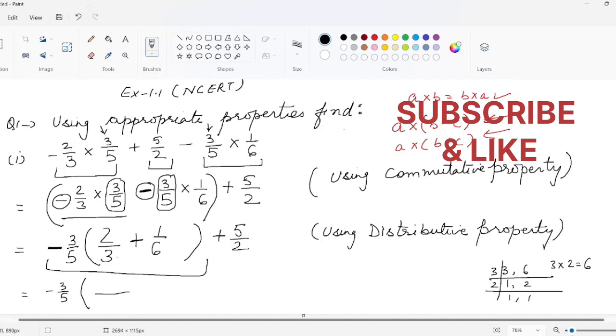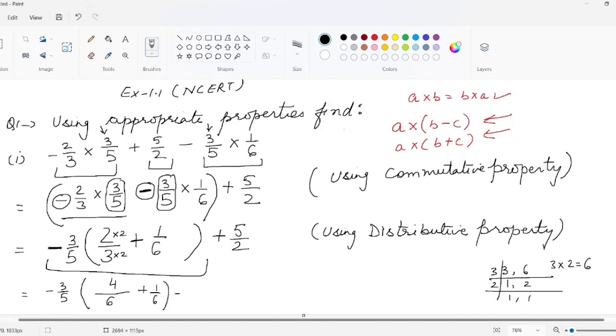So we will make this 3 as 6 by multiplying it by 2, and we will multiply the numerator also with the same number. So here it will become 4 by 6 plus 1 by 6 plus 5 by 2. I think this step should be clear. We have just added two fractions by making them like fractions.